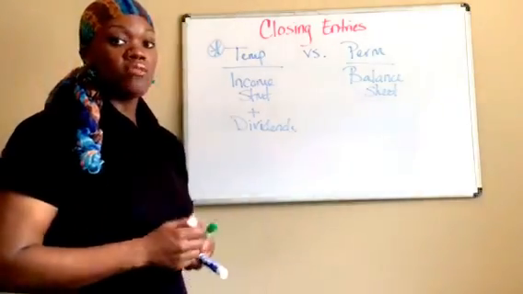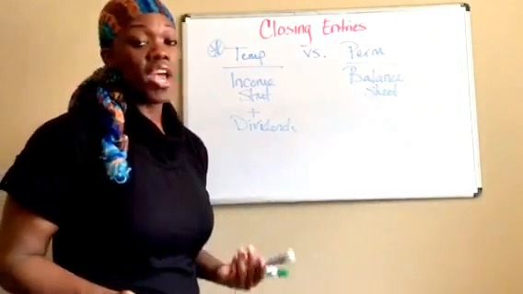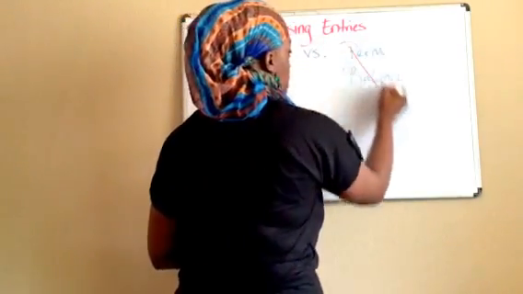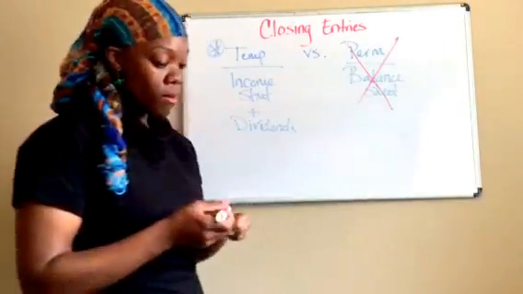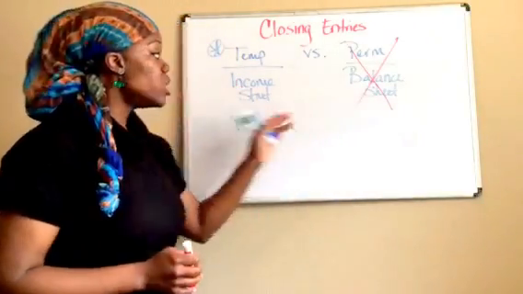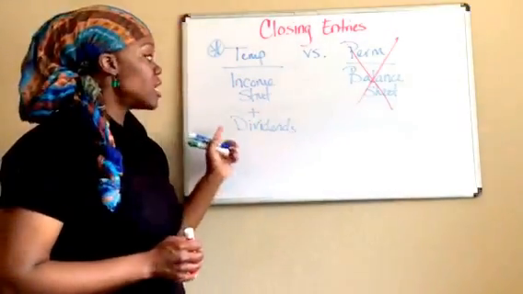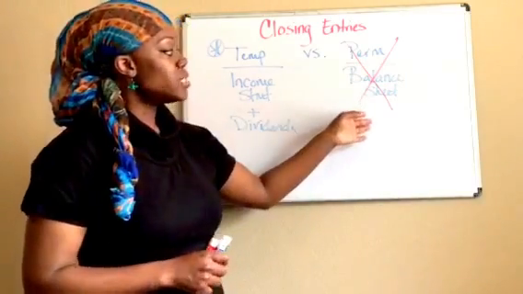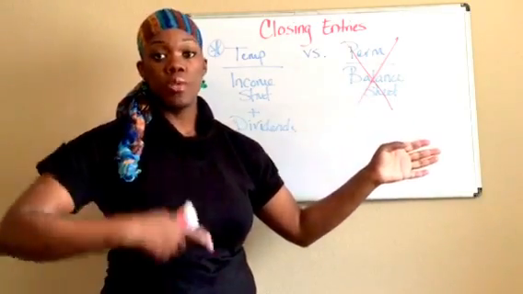If they're permanent, they stay on the books forever. So we're not going to close those, and we don't care anything about them. We're never going to close our balance sheet accounts. We're only concerned with anything that is on the income statement. The reason why is that our balance sheet accounts roll over from year to year.